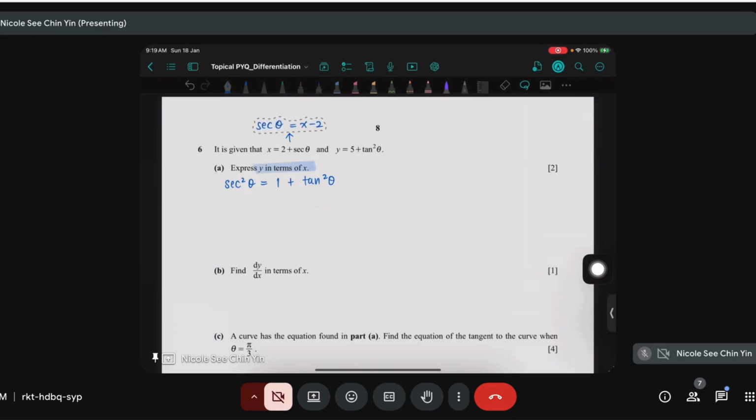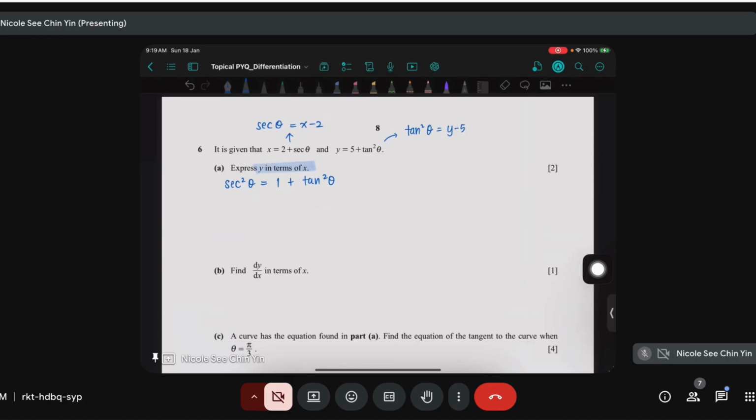How do you know when you're going to start with this? Always look at that. If they have trigo and variables with unknowns, try to play around with the identity. So for the next one, I'm going to make tangent square theta equals y minus 5. I'm going to use these two to sub into my equation.